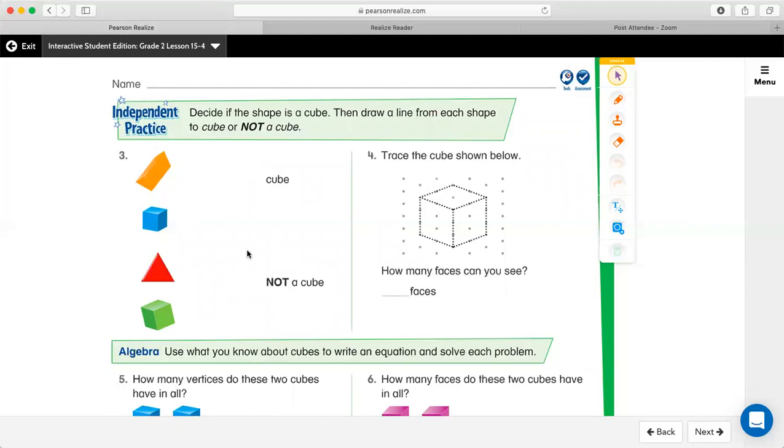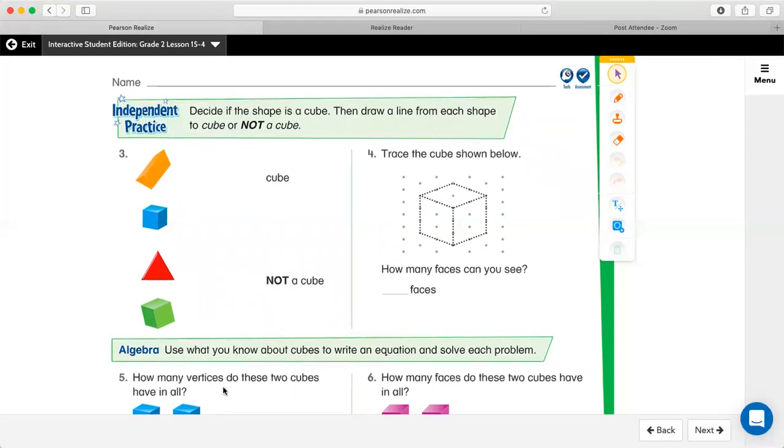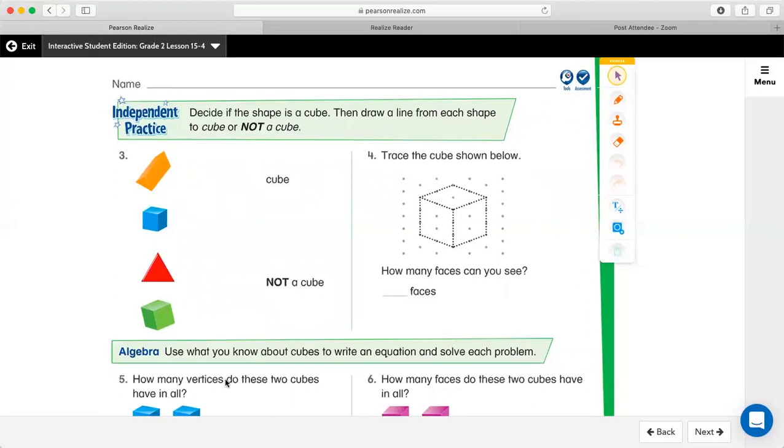For number 3, you have to draw a line to cube if it's a cube and not a cube if it's not a cube. This one you're going to trace the cube and then write how many faces. Remember, the faces are the squares you can see. How many squares can you see? Okay. Down here, they have a couple of shapes, and you have to decide how many vertices these 2 cubes have in all.